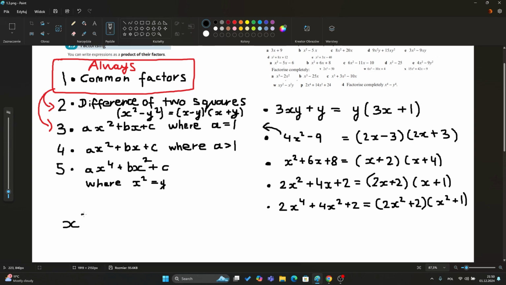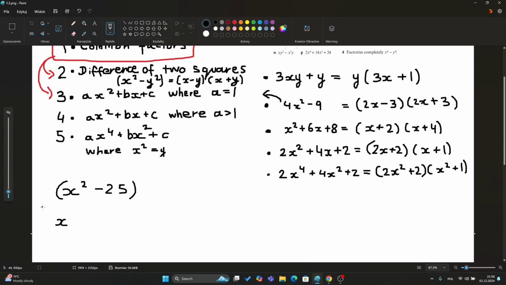So if you have x squared and minus 25, the following formula says x squared minus y squared is the same as saying x plus y, x minus y.